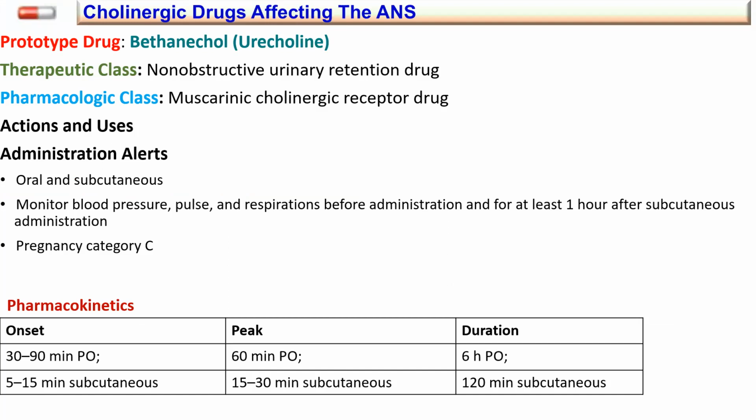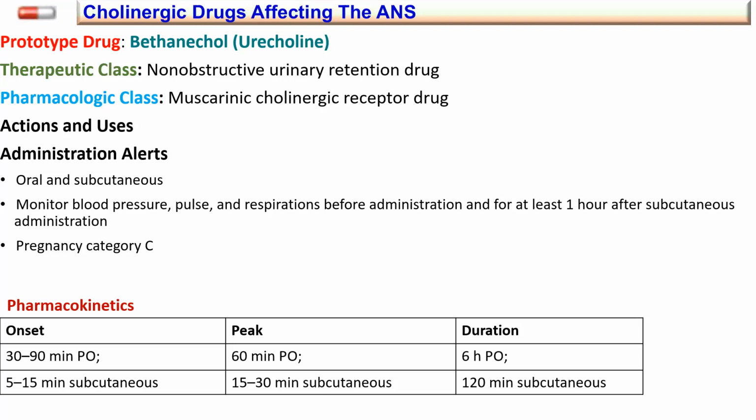Its effects are most apparent in the GI and urinary tract, where it stimulates smooth muscle contraction. These actions are useful in increasing smooth muscle tone and contractions in the GI tract following general anesthesia, for example.